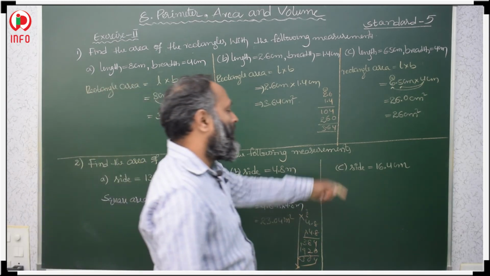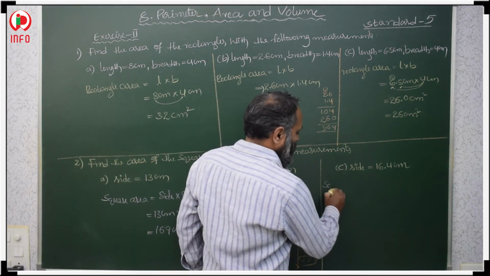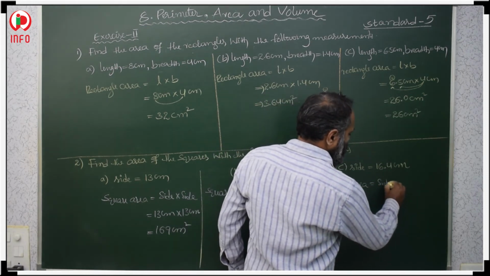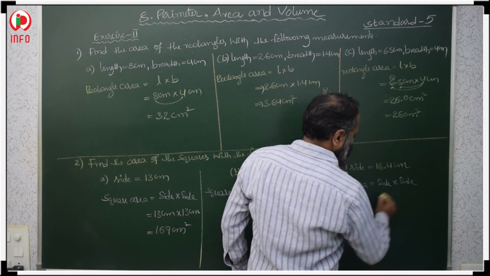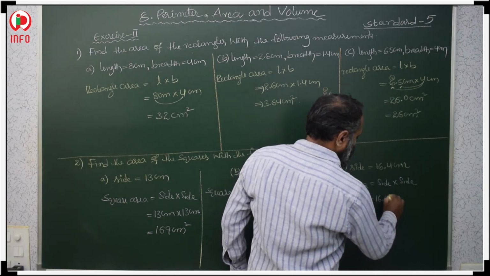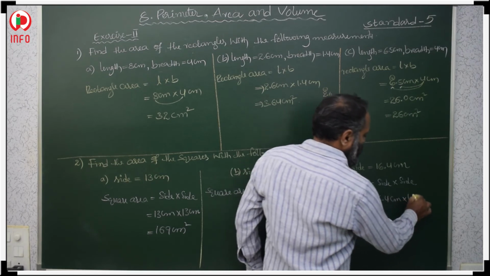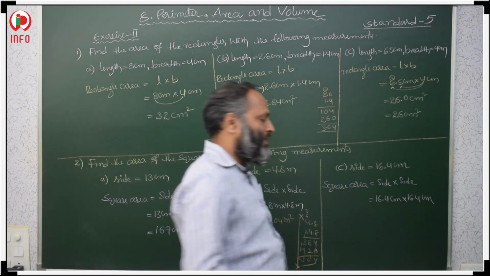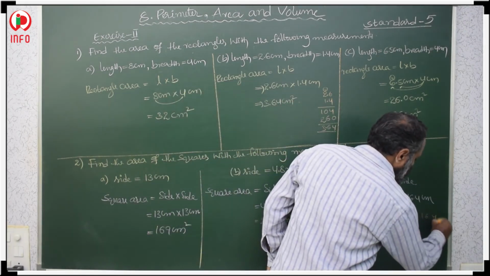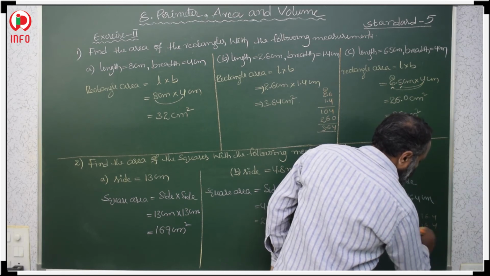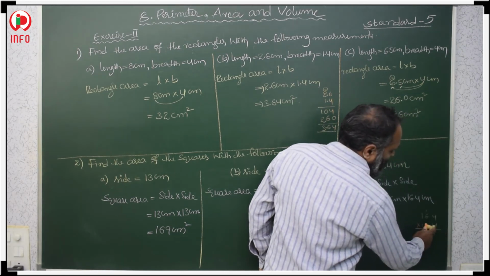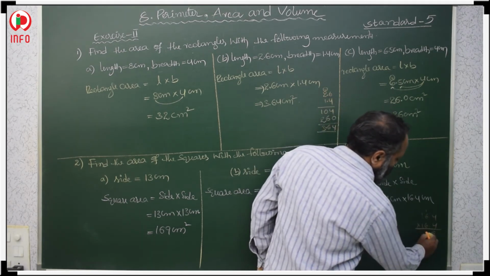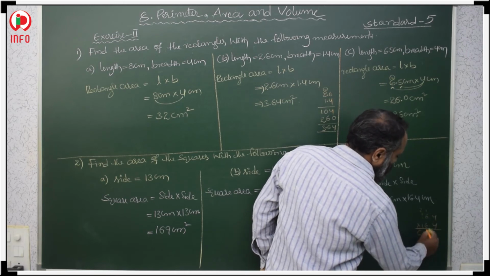Now here side is given, square area here. Square area, side into side. Side is 16.4 centimeters into 16.4 centimeters. Now we have to multiply 16.4 with 16.4. 4 4s are 16. 4 6s are 24, 25. 2. 4 1s are 4, 6. Then again with 6.